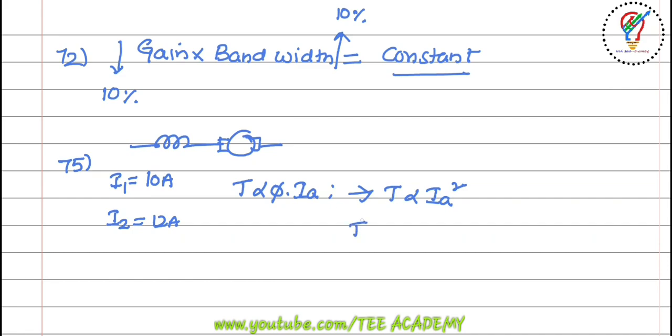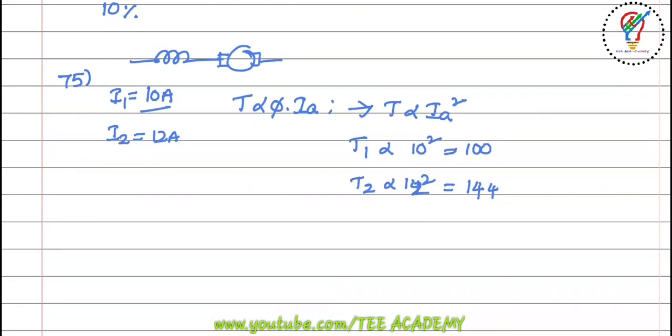Now in the first case, T1 is proportional to Ia, so you take 10 amperes, 10 square. T2 is proportional to 12 square. How much is it? 100. How much is 12 square? 144. Now we need to give the answer expressed as a percentage of initial torque.